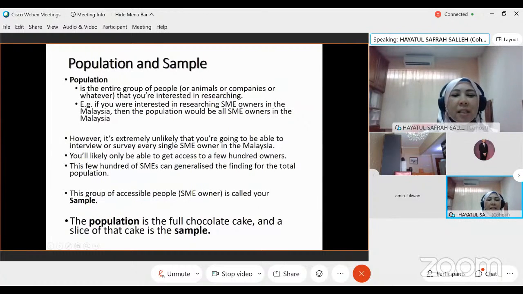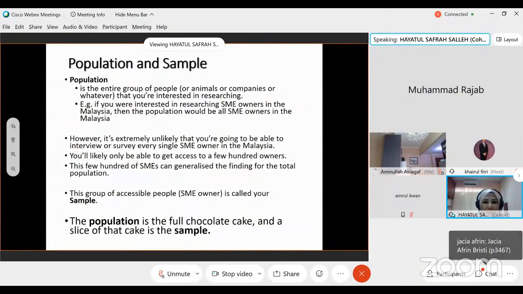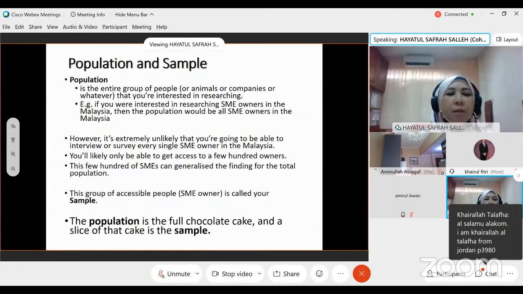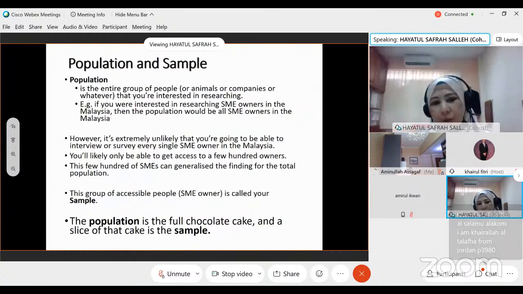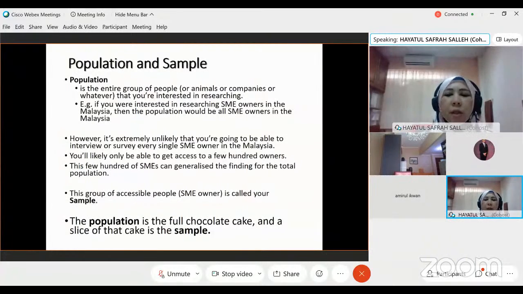However, it's very unlikely for you to be able to interview all of the SME owners in Malaysia. There are a lot of SME owners in Malaysia, right? So you are likely only able to assess maybe a few hundred of them, if you are lucky. These few hundred SMEs that you get from the total population mean you can generalize the findings to the total population.